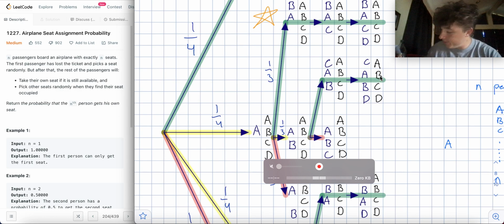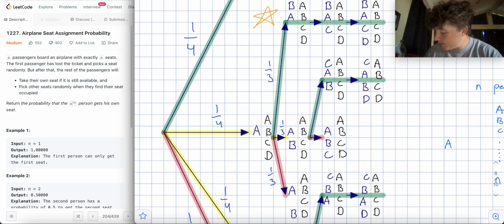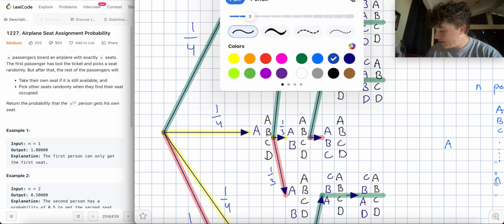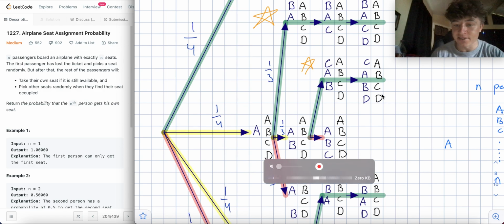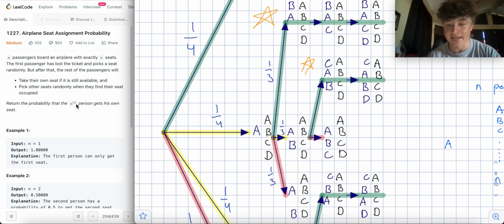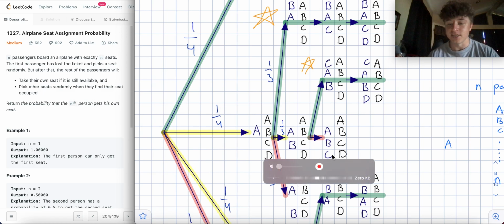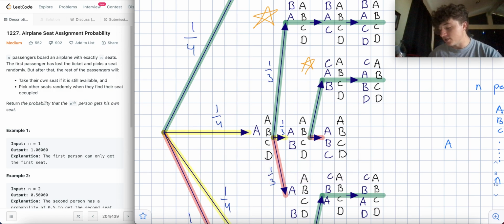There's a further swap: A took B's seat, B took my seat, so I'll take A's seat, and then everyone else will be able to figure it out. So the remaining seats are open and D can take its own seat. If C decides to take D's seat, although there's only one seat left, it doesn't really matter. Only D can take the last seat. If someone else does, it nullifies, so this becomes 0. And that's this branch.